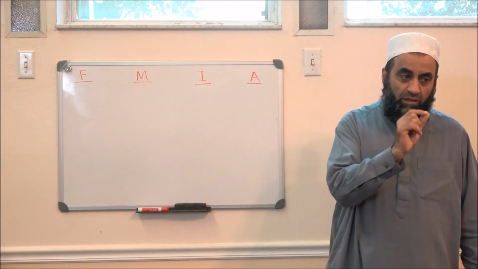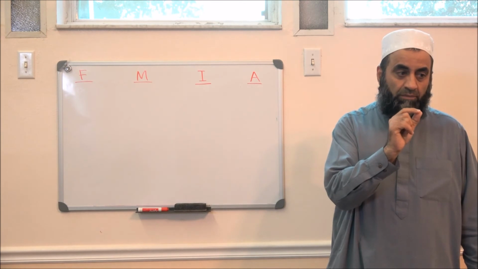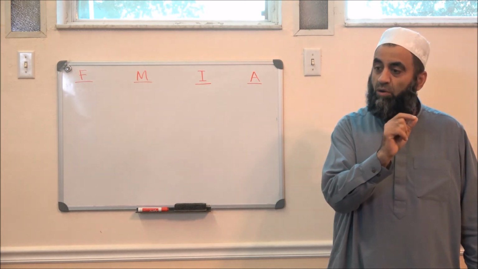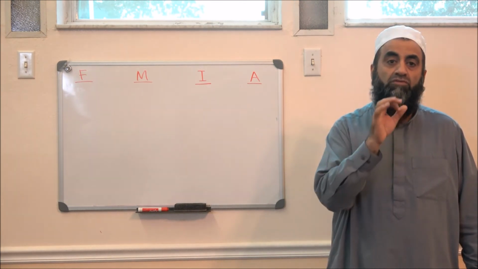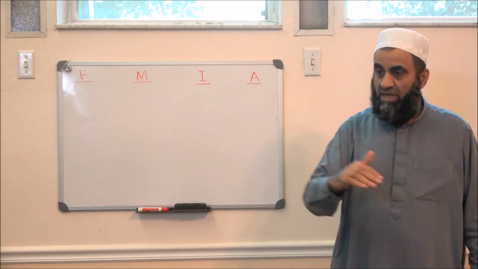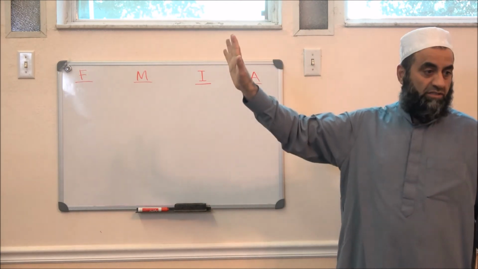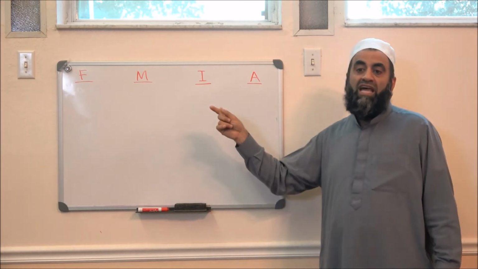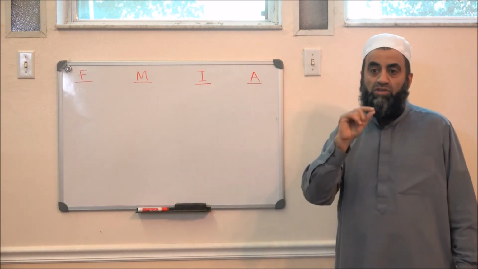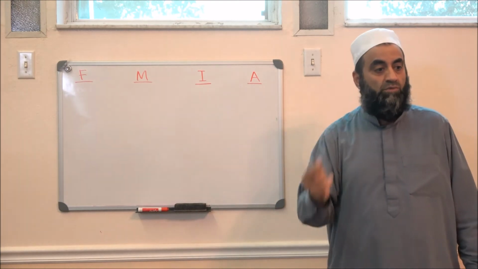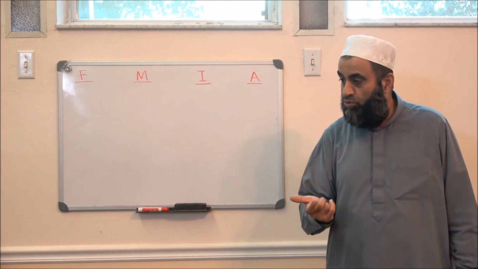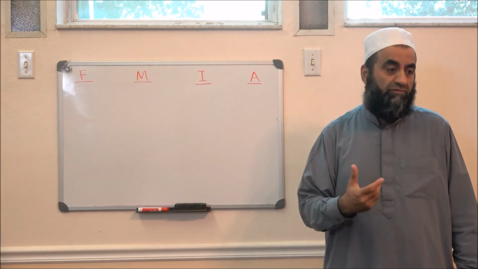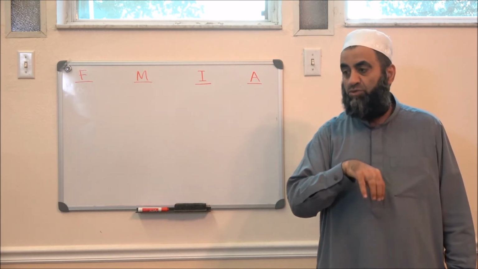But these little i'rab, these little harakat or movements or vowels at the end tell me the grammatical function of the word. And this is another level in the study of the Arabic language. So when I look at the last letter and I see the vowels changing, sometimes a, sometimes u, sometimes i, sometimes sukoon, it has to do with the grammatical function, not the actual meaning of the word.